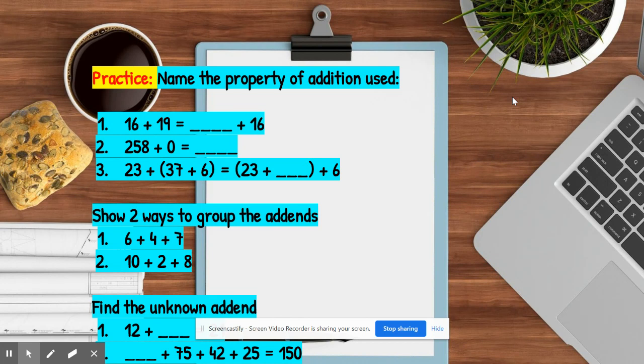What are those directions asking you to do? Find the missing number. 12 plus what equals 21? The second one is problem number 2. It says blank plus 75 plus 42 plus 25 equals 150.